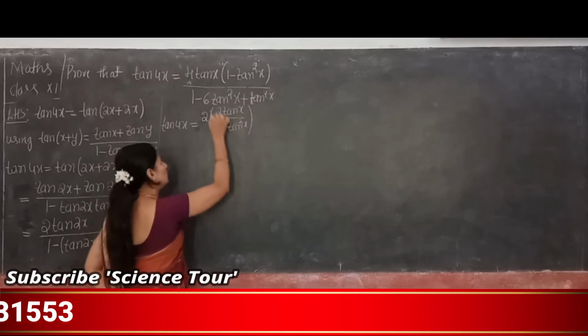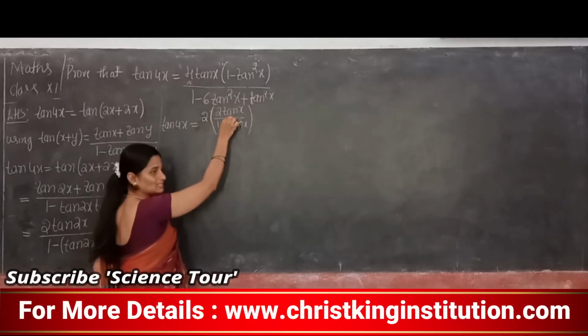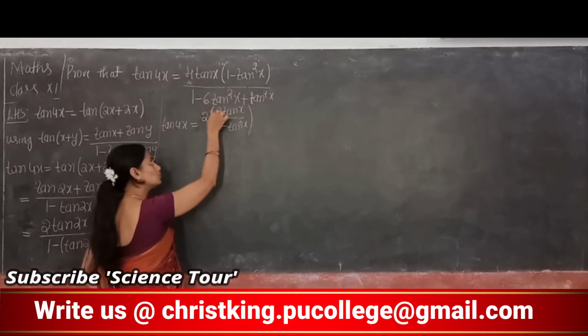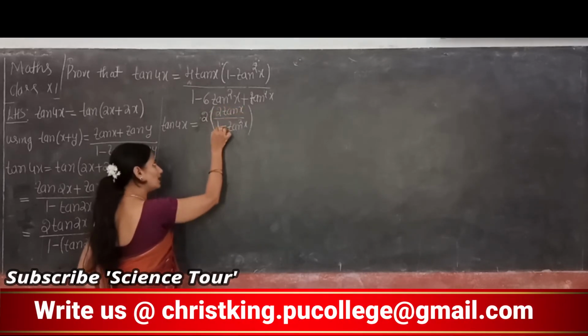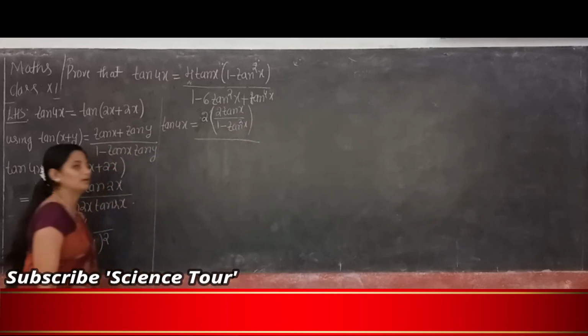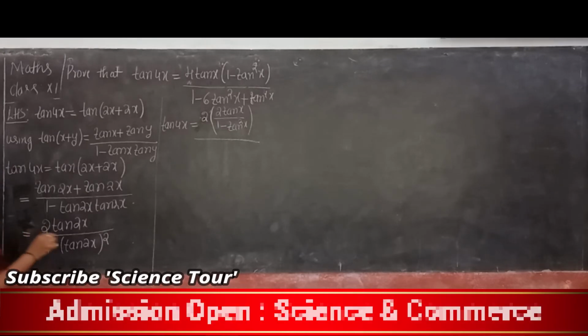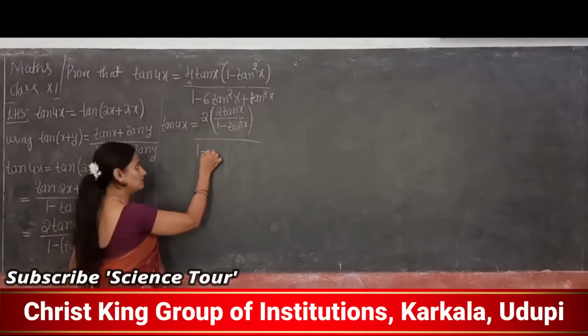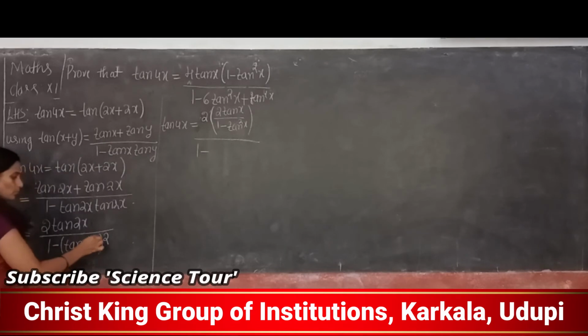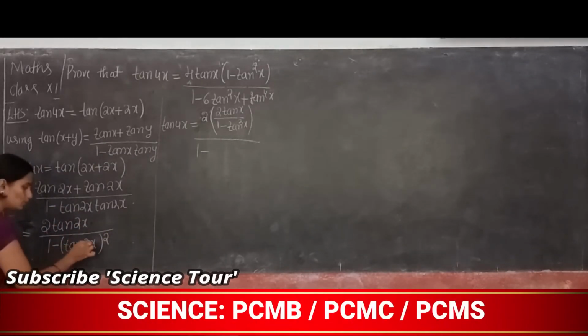Clear, no? This is 2 into tan 2x, where tan 2x is 2 tan x divided by 1 minus tan square x, whole divided by, now see the denominator, 1 minus tan 2x whole square. Again write the formula of tan 2x.